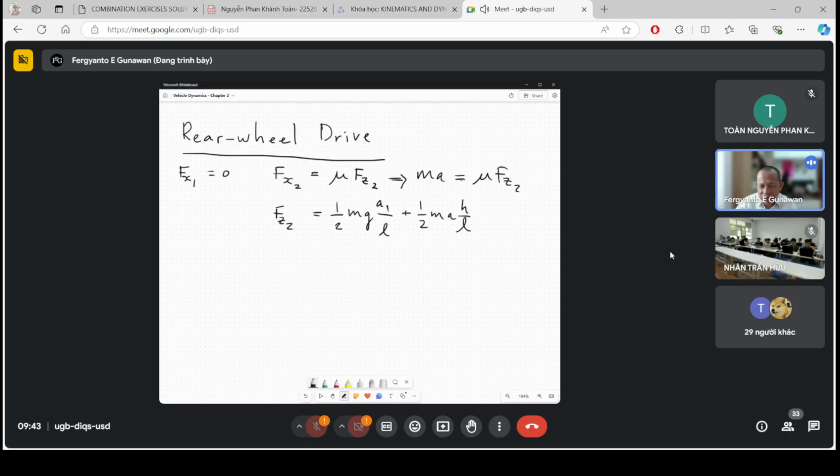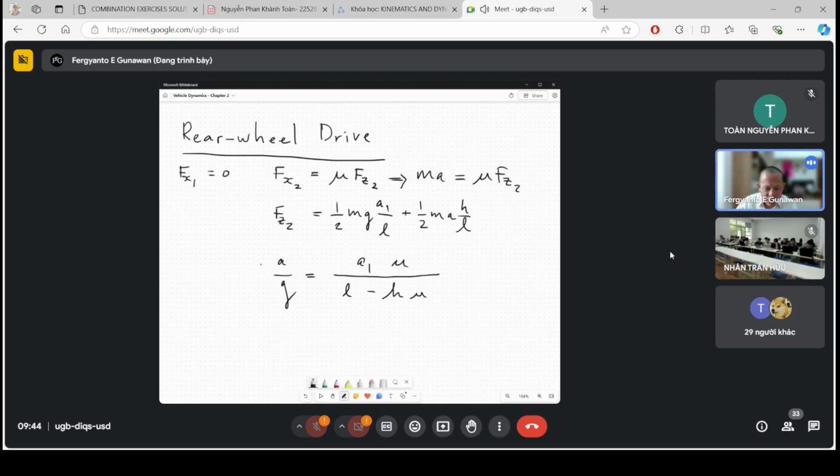You can put this one in, and finally you are going to get that the maximum acceleration divided by g equals a1 multiplied by mu, divided by l minus h mu.